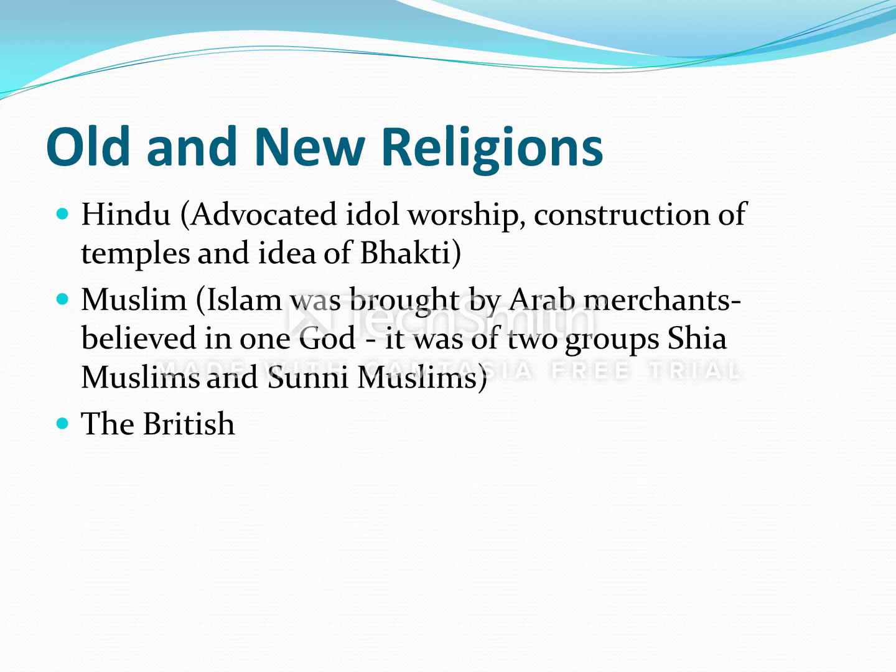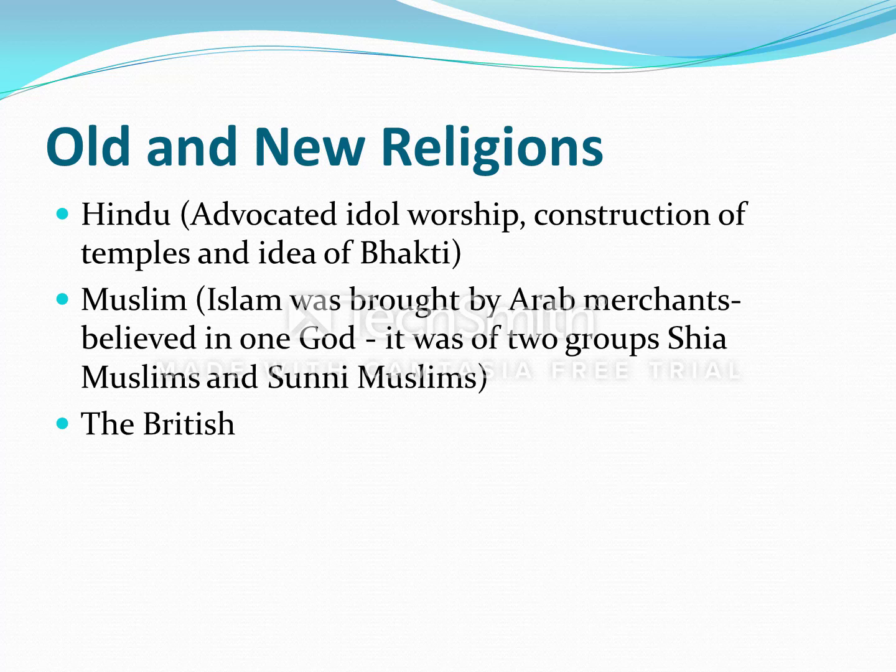To understand the medieval period, we have to understand three major phases. They are Hindu, Muslim and the British. First, we see about the Hindus. Hindus believed in supernatural agency called religion. They advocated idol worship, worship of deities, construction of temples and so on.